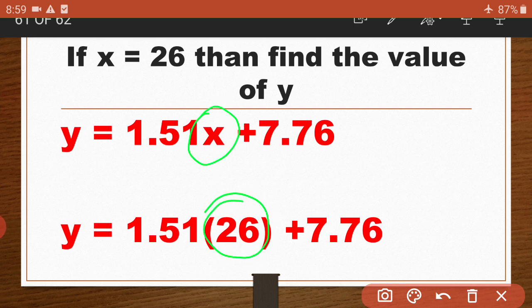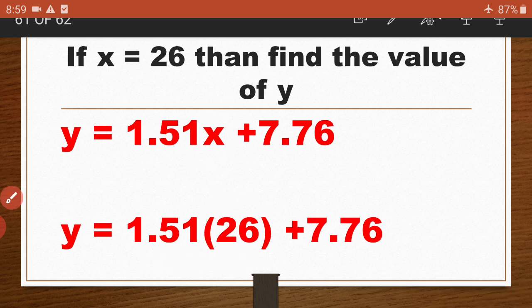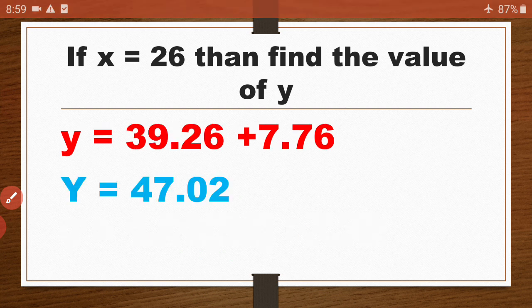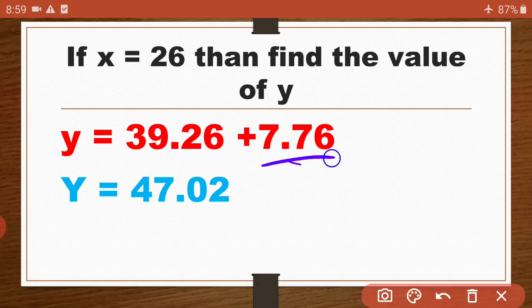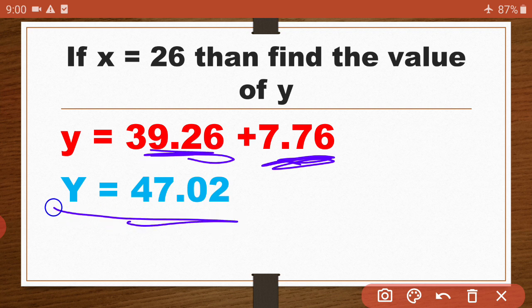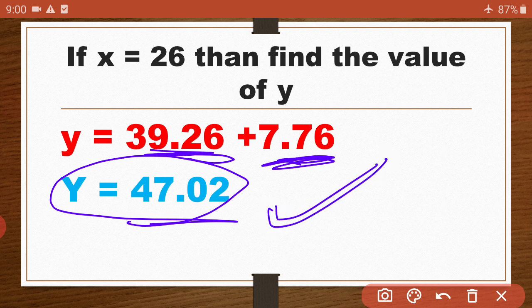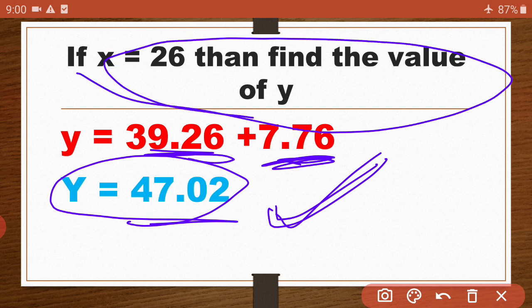Okay, so multiply these two values in the next step. So you get the answer, then add 7.76, and you get the answer of y, 47.02. Okay, 47.02 is our final answer when x is equal to 26, then find the value of y.